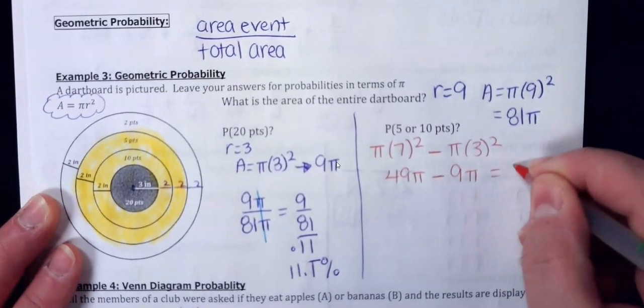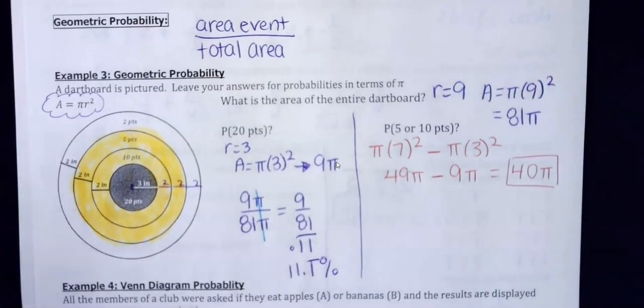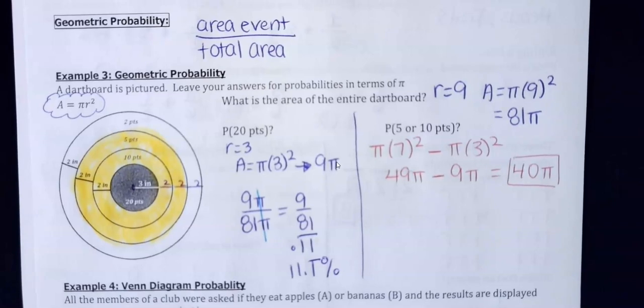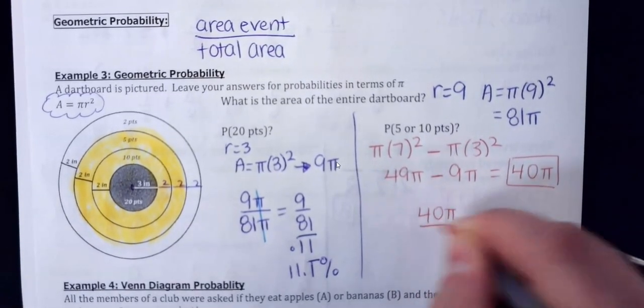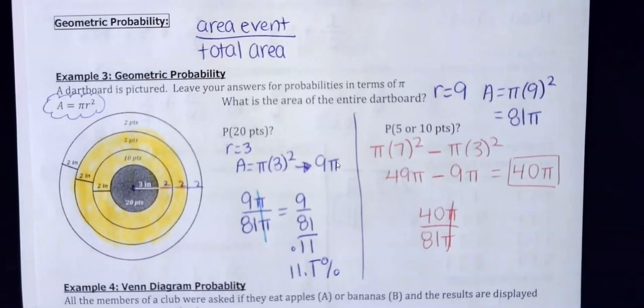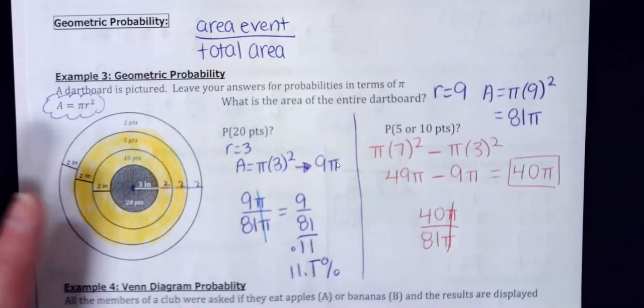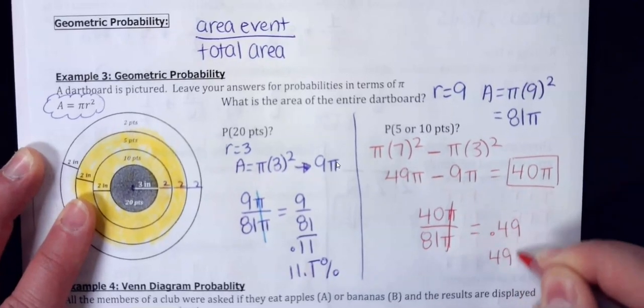So the area of just the yellow part would be 40 pi. And then once we're there, that's the area of what we want. So I'm just going to do 40 pi over 81 pi. Pi's cancel out. And 40 over 81 doesn't reduce, but let me see what it is as a decimal here. So this is about 0.49 or about 49%.